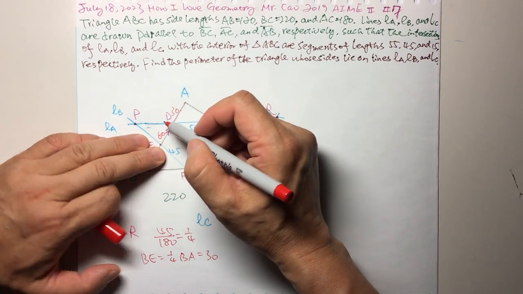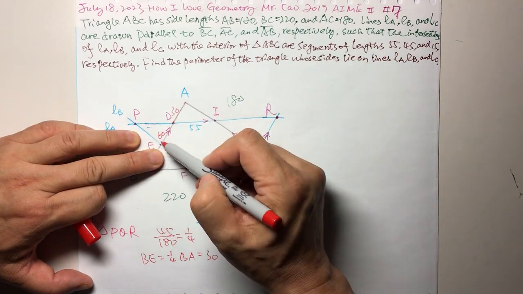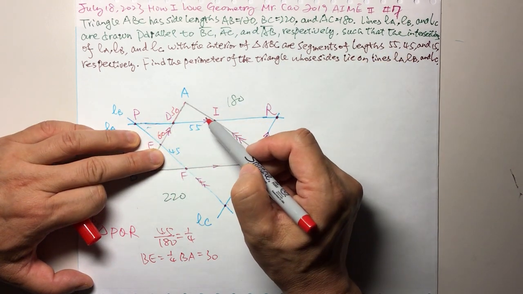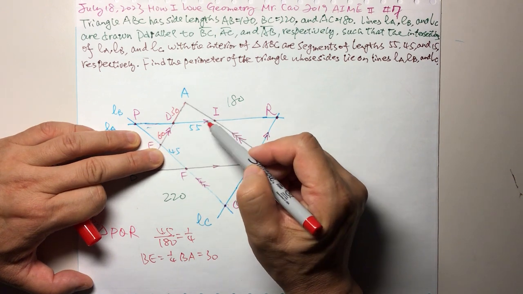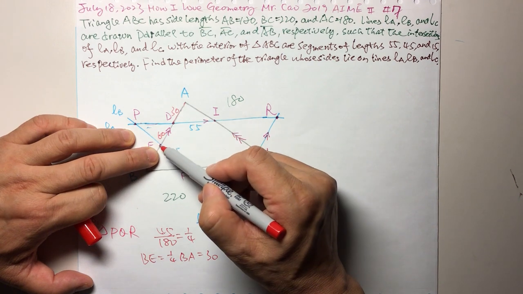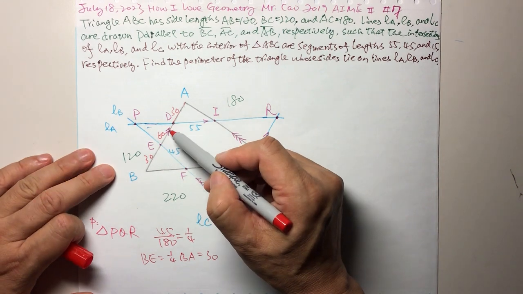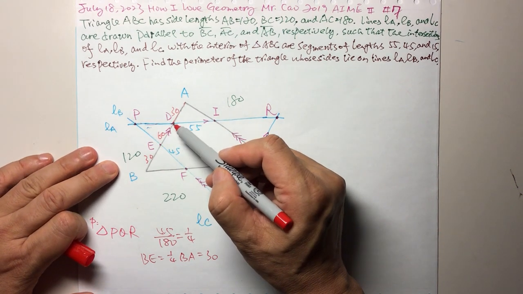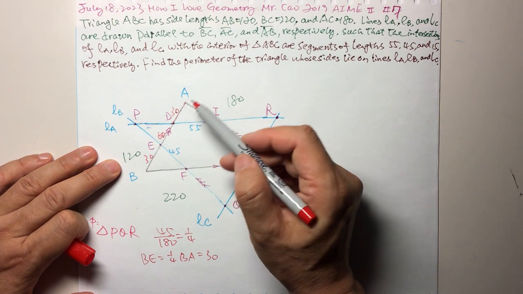Now we use similar triangles. This triangle is similar to this triangle, and the ratio ED to DA is 2 to 1, because here is 60 and here is 30.